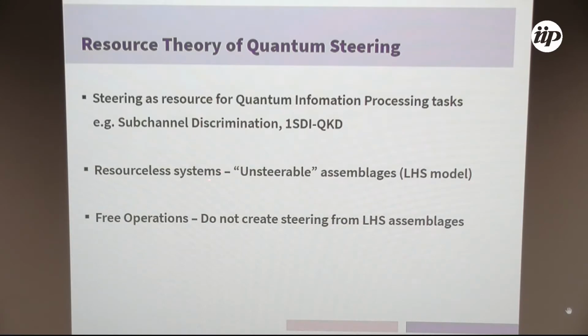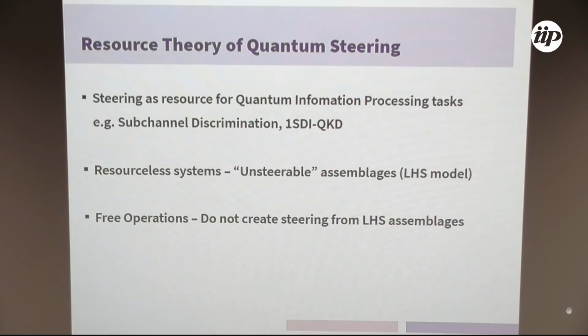And in this case, I can characterize these systems, these so-called assemblages, which has the classical model, the local hidden states model, as the resourceless systems for this case. So systems that don't respond well to the task at hand.